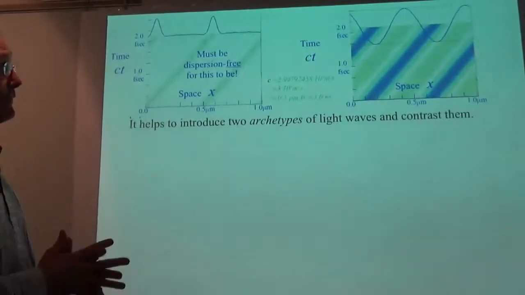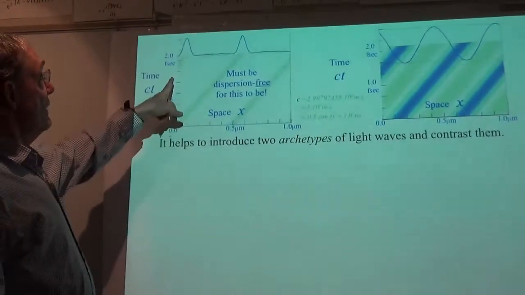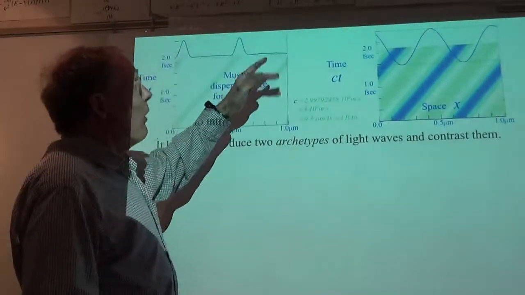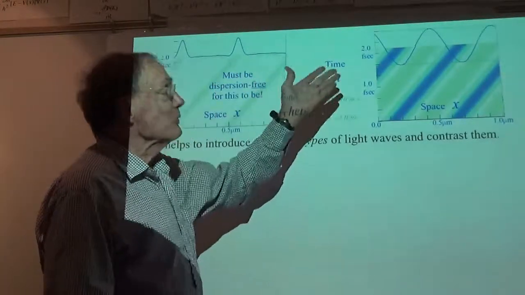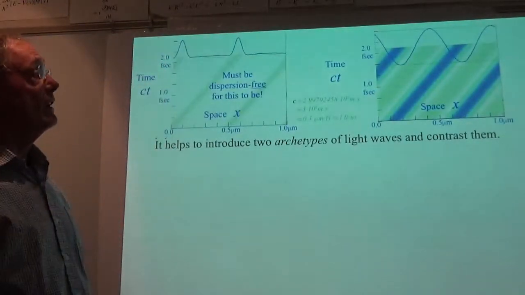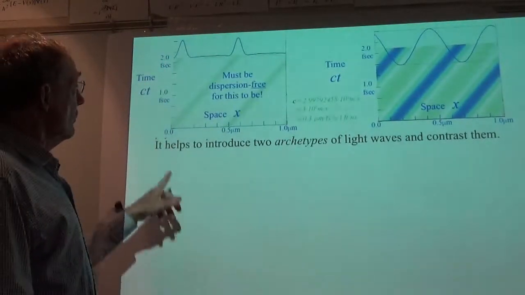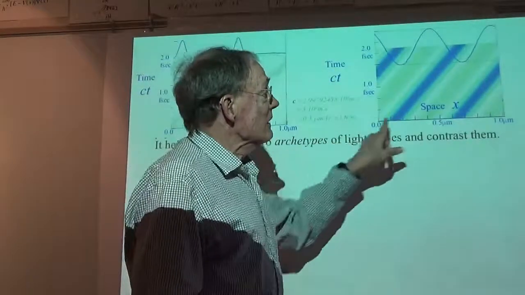Just giving you a rough description here. One of them is a pulse or a train of pulses, and the other one's just a train of cosines, sine waves, plane waves moving. So this is space and time, space here, time.